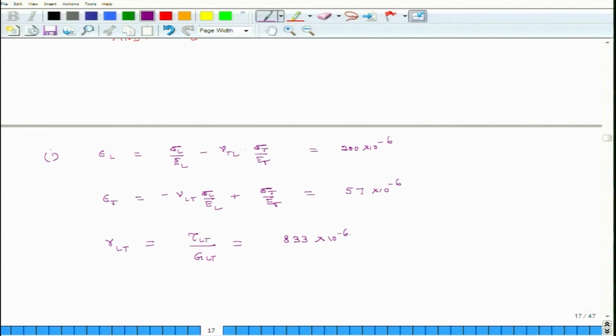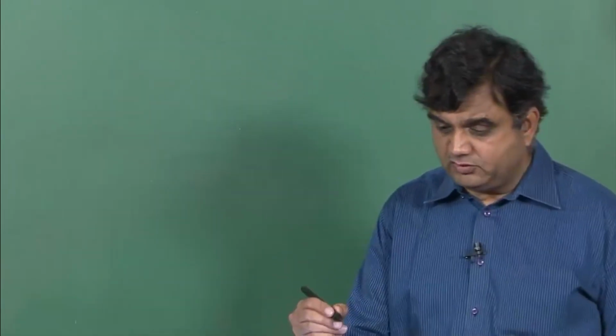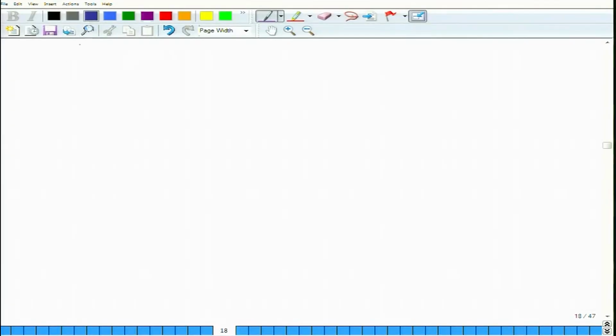So, these are the strains. So, this is how we calculate strains in a specially orthotropic lamina. Next, we will move to generally orthotropic lamina.